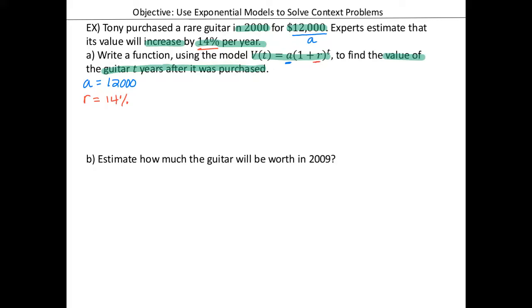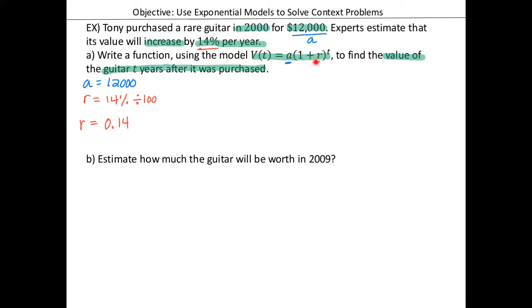So as a decimal, you can move the decimal over 2 times to the left, or you can take your percent and divide by 100. Like 14 divided by 100, and it's going to give you a decimal. So my R is really going to be 0.14. You can move the decimal twice over or divide by 100, and that gives you your percent as a decimal.